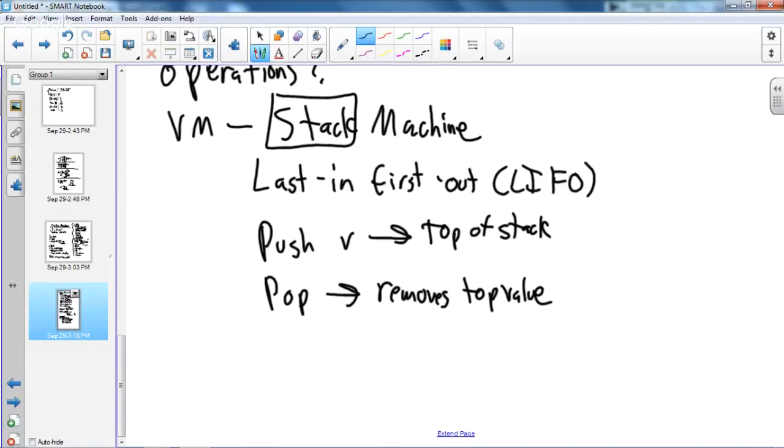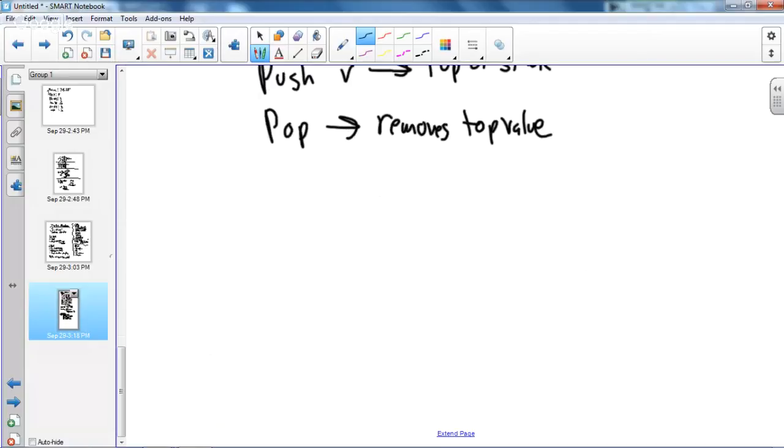Where stacks get really, really useful in the context we're thinking about is actually for arithmetic. Let me show you what I mean. Let's take an expression, something like the following: 4 plus 3 times 5. A stack arithmetic operation does the following.